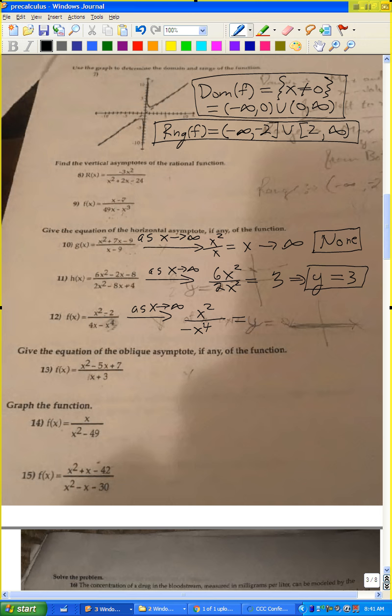And so if I simplify this, it is the same as negative 1 over x squared. And as x goes to infinity, 1 over x squared goes off to 0. It keeps getting smaller and smaller. So this whole thing goes off to 0. Therefore, the horizontal asymptote is just y equals 0.